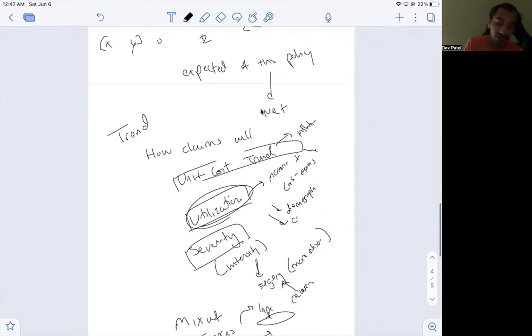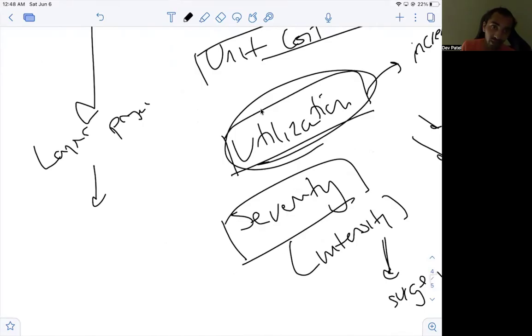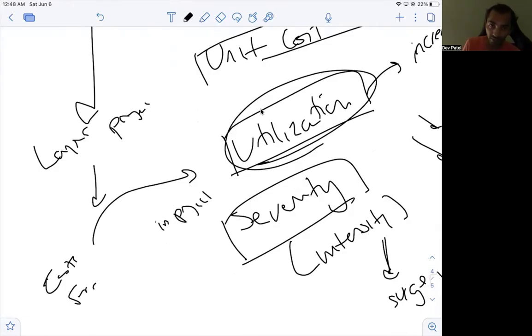That encompasses trend, which is all about how claims and claim costs will increase over time. And we use that trend to then layer on a projection factor from the costs from our experience period, move that forward to our costs in our projected period.